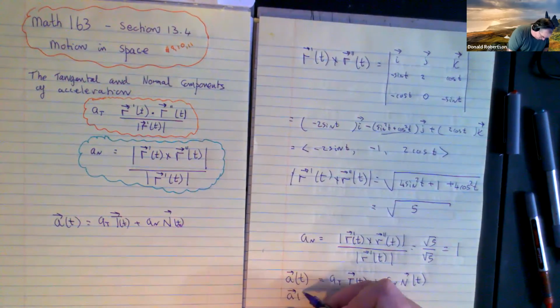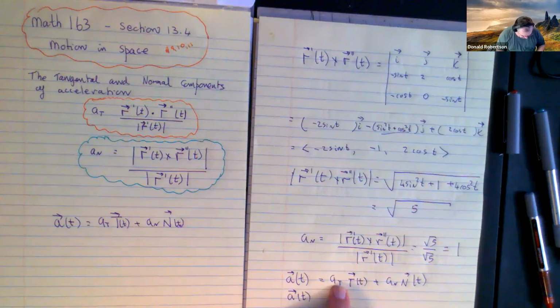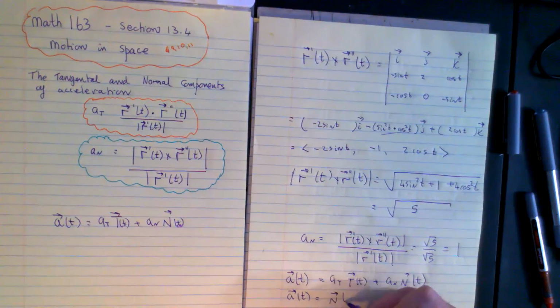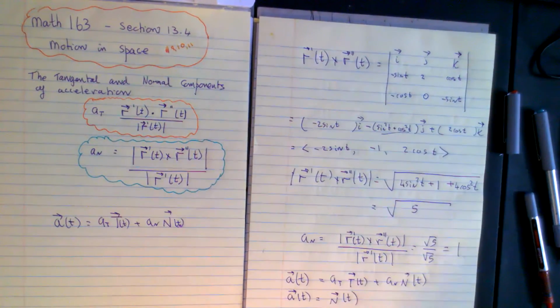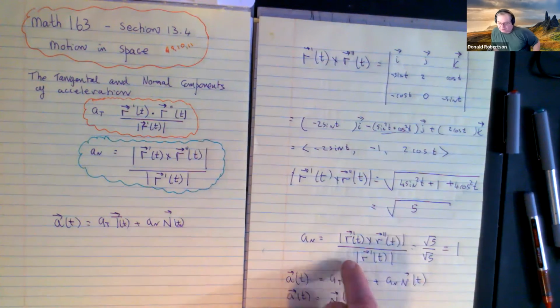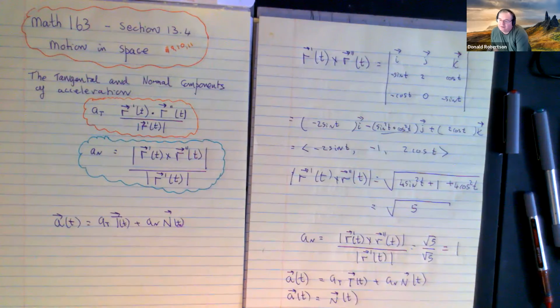But we've just found out that that guy is 0, so this disappears, and that guy is 1. So guess what? For a helix, at least this particular helix, won't the acceleration vector be the same thing as the normal vector? Right, 0 of this plus 1 of that.